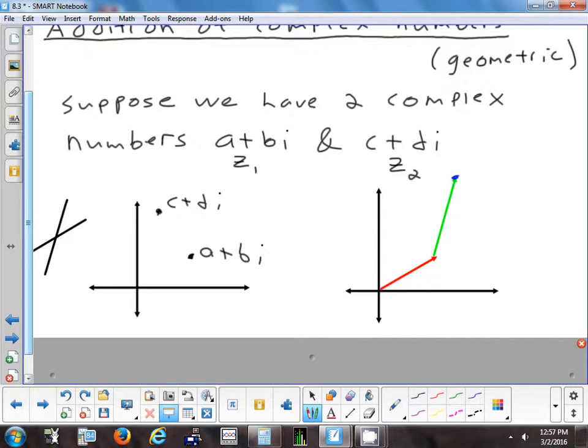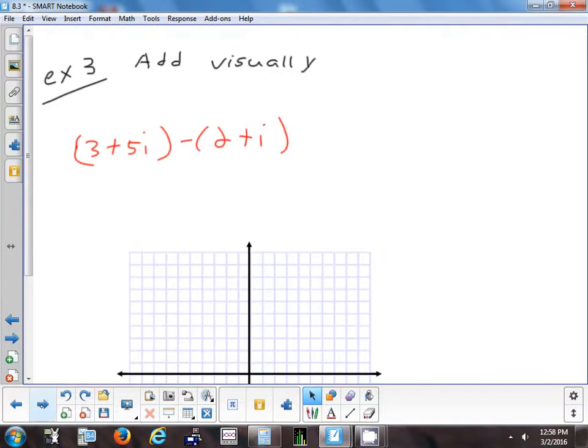So if we had a grid, we could tell how many units to the right and how many units up. If you switch the order, like let's say you put the green one first and then the red one, it doesn't make a difference, because it's commutative. If we're adding numbers up, you can add them in any order. So let's try that with this one.